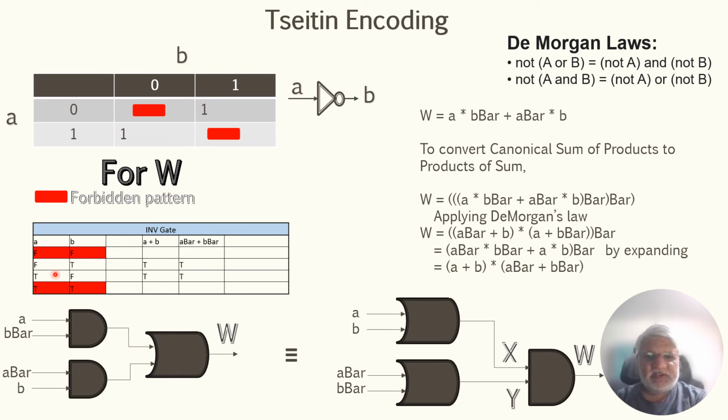When any of these two patterns happen, then both sub-expressions, for input and output, are true, and then W will be true. However, if we apply this pattern, this sub-expression becomes false. This sub-expression became true, but true and false becomes false. So this expression W will become false if the input is false and output is also false. That means the gate is no longer an inverter. Probably it is more like a buffer.